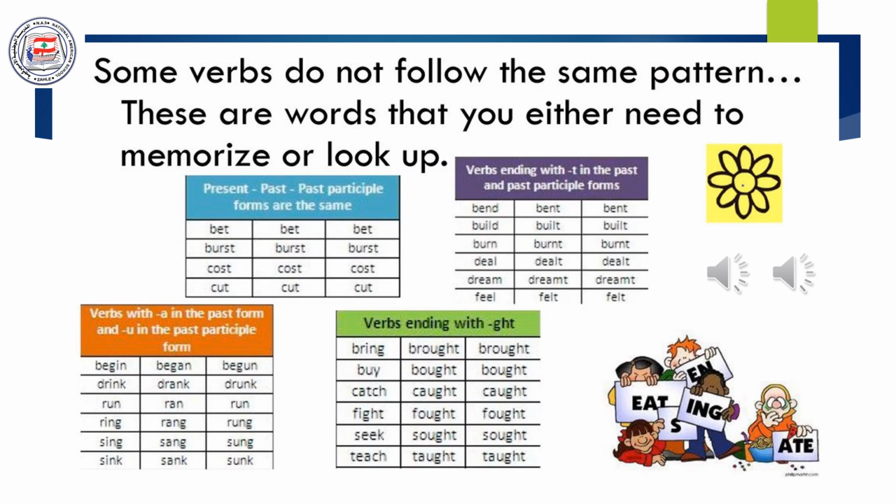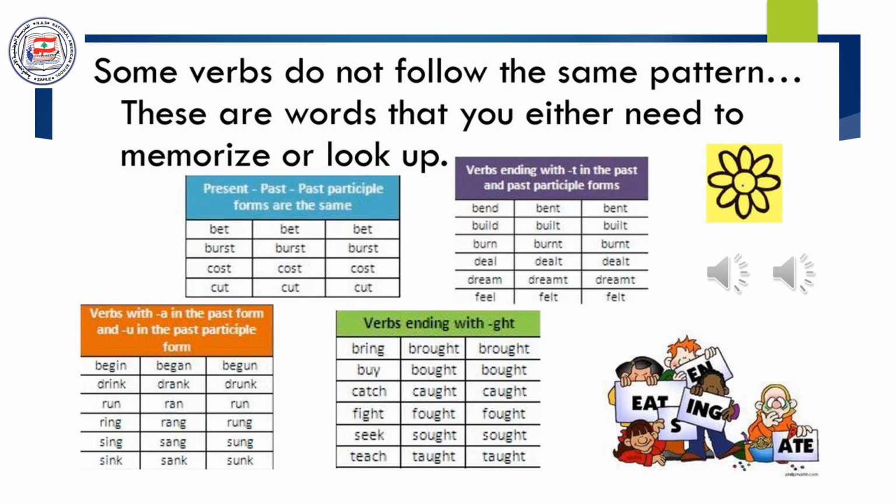As you know, some verbs do not follow the same pattern. These are words that you either need to memorize or look up. The verbs in the blue box have the present, the past, and the past participle forms the same, like bet, bet, and bet. Verbs in the purple box end with d in the past and the past participle form, like bend, bent, bent.